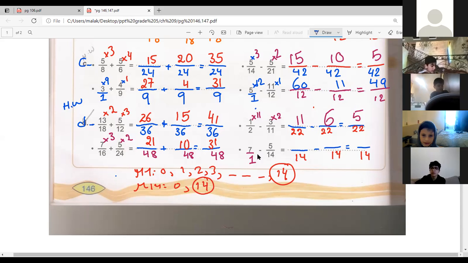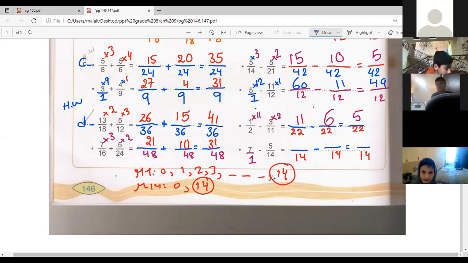When we see the first common multiple, it's 14, then what shall I do? I copy 7 and 5 here. What shall I do? We look at the table, Haidar, and we count in table 1 which number gives us 14.